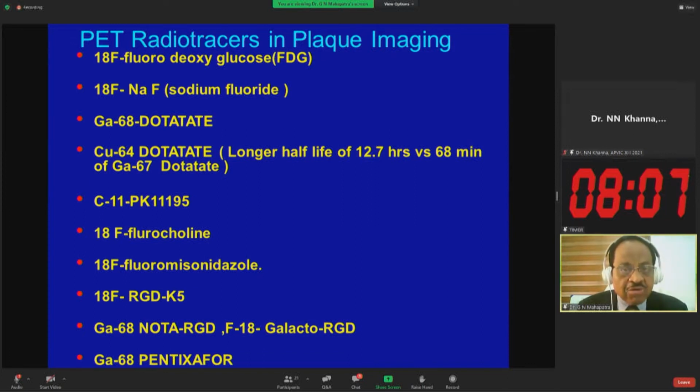Then the second one is really the molecule of the millennium, that is called F18 sodium fluoride. Then the third one, which is very good for neuroreceptor imaging, that is neuroendocrine imaging: gallium-68 DOTATATE or copper-64 DOTATATE or C11 PK11195, then fluoromisonidazole, fluorocholine, gallium-68 NOTA-RGD, gallium-68 pentixafor.